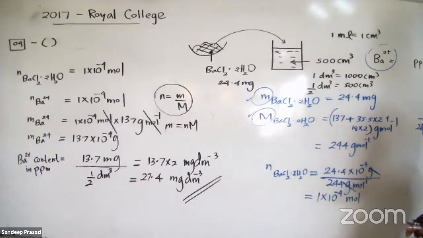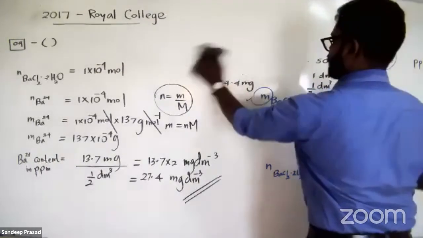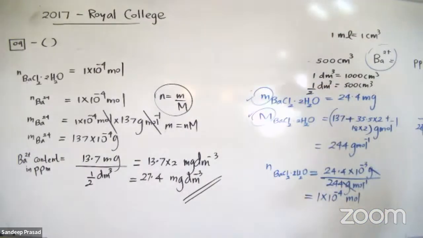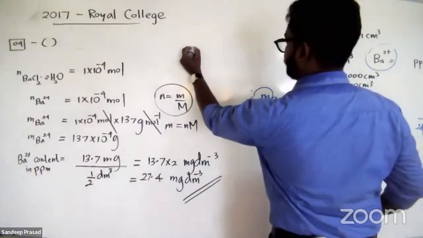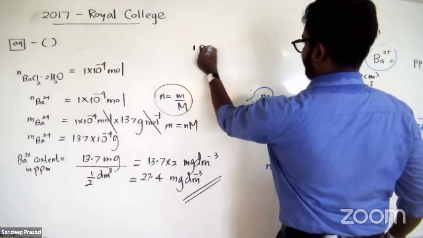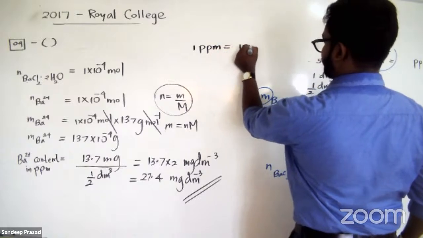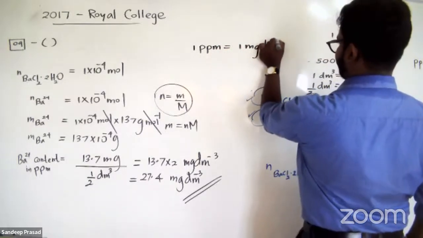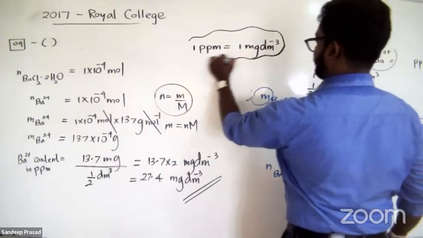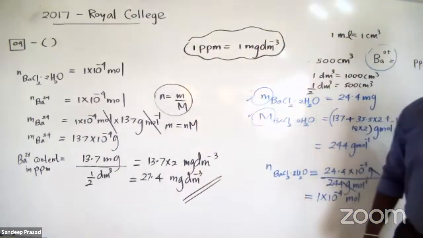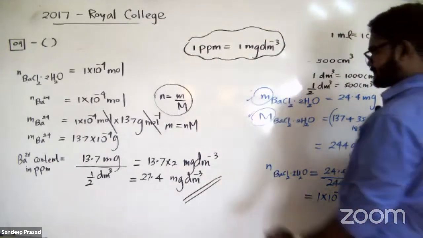Can you remember, I told you that 1 ppm is equal to 1 milligram per cubic decimeter for very diluted solutions, right?